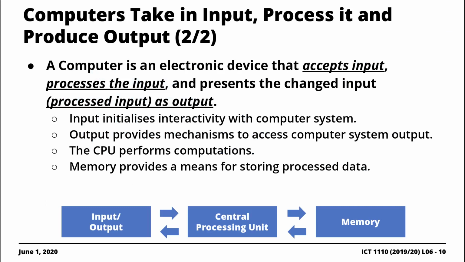And again, the input is the one that sets the stage for that interactivity that happens between an end user and the computer, because fundamentally when we're working with a computer, we are telling the hardware what to do.